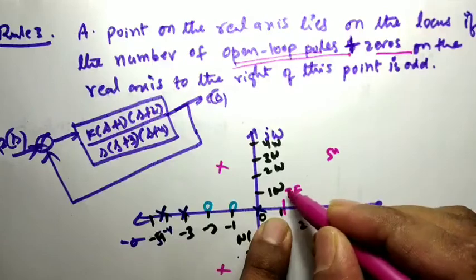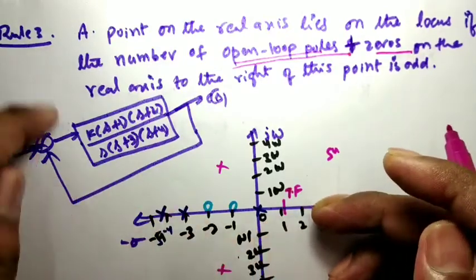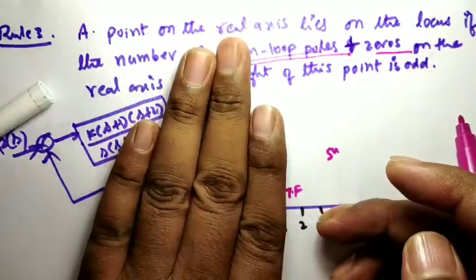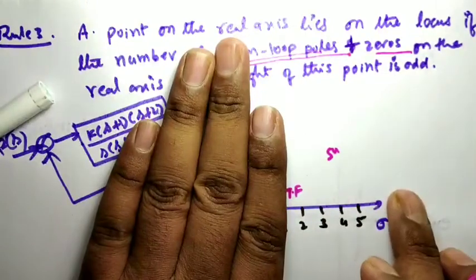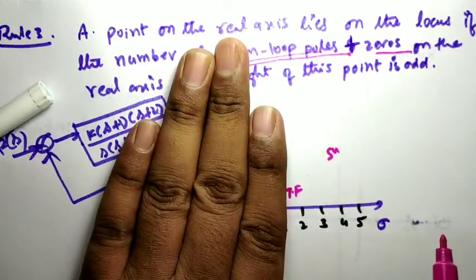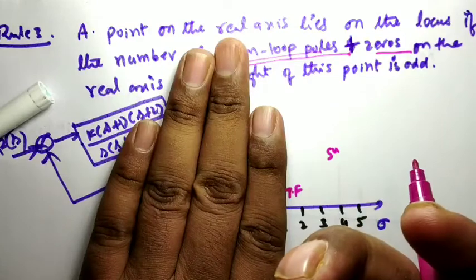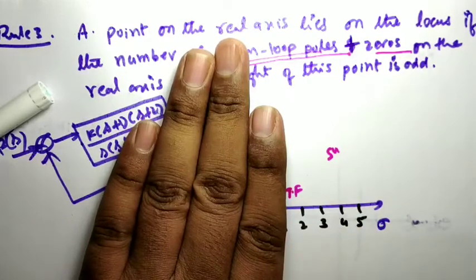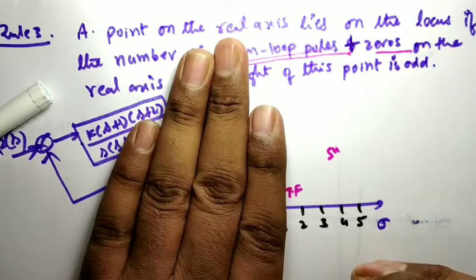If the number of poles and zeros is an odd number, that portion exists on the root locus path. If it is an even number, it doesn't exist on the root locus path.